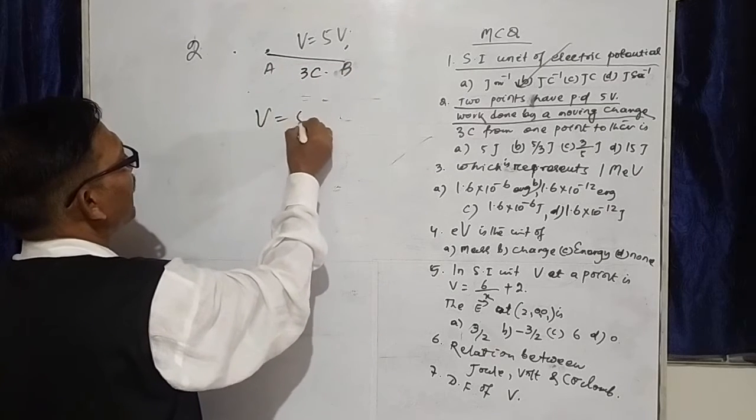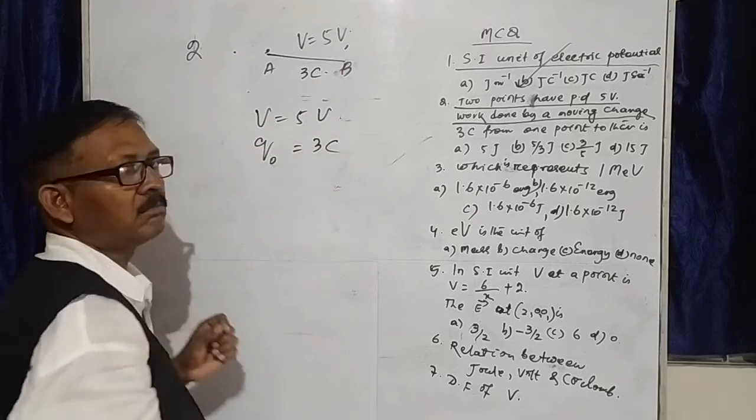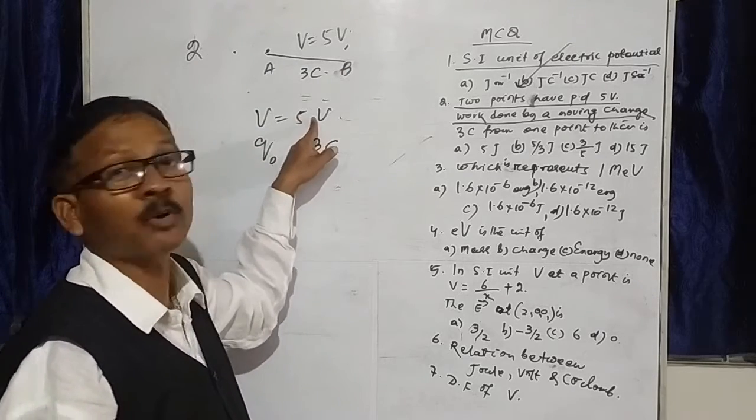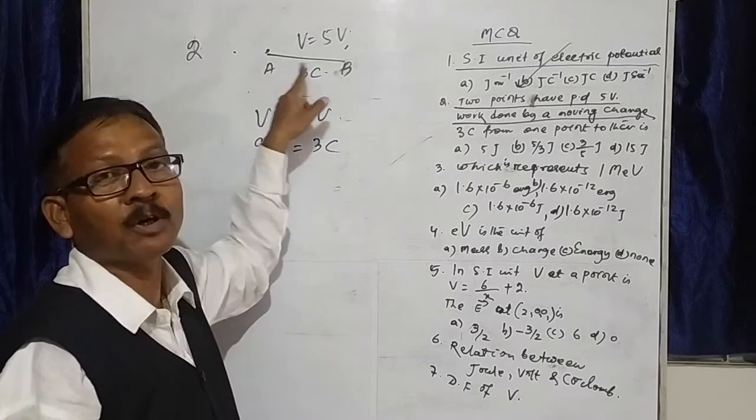So V is equal to 5 volt, Q0 is equal to 3 coulomb, moving from one point to the other.